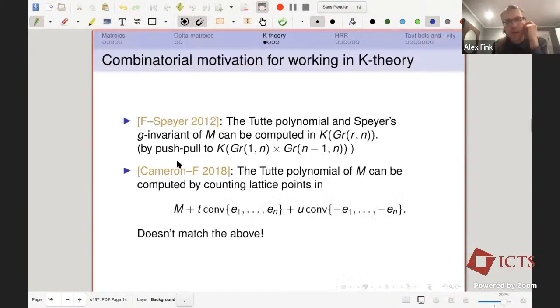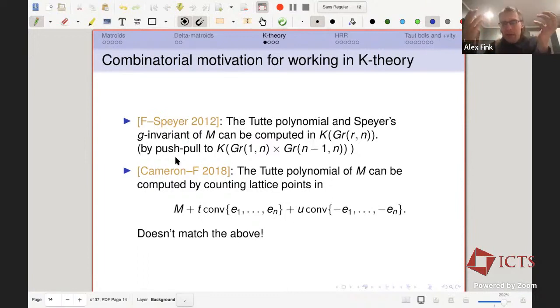Then in work with a graduate student, Amanda Cameron, we get a similar formula that was computed by counting lattice points. Now, counting lattice points isn't overtly K-theory, but I'm about to say that these polytope computations are in fact isomorphic to K-theory.